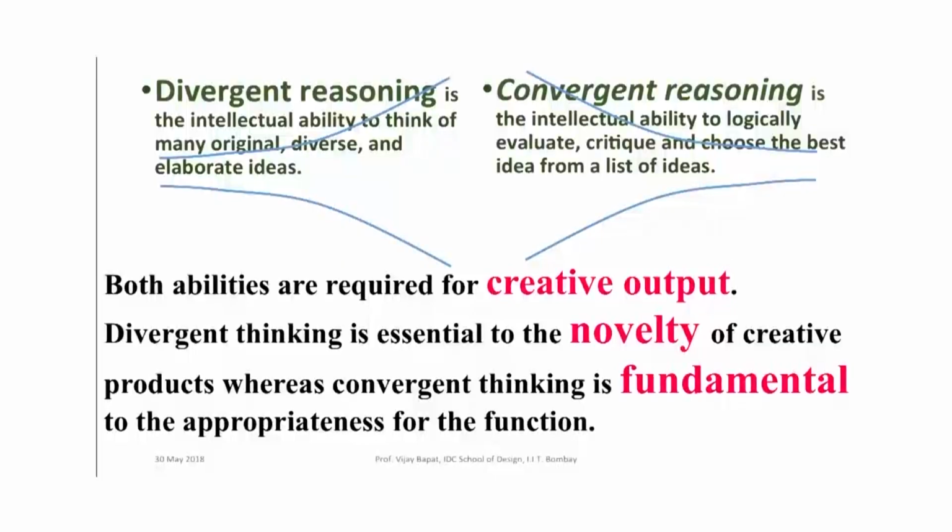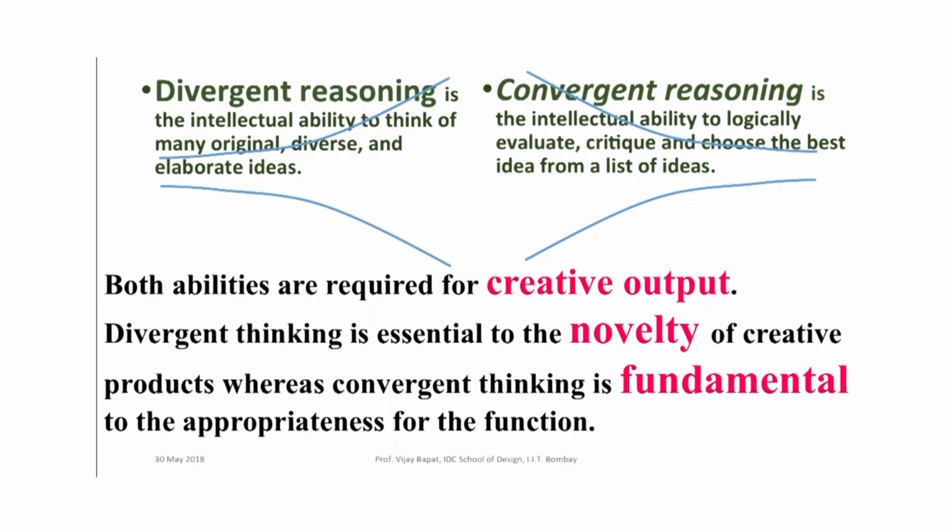In this process of thinking, there are two things: divergent thinking and convergent thinking. First is divergent: for a problem statement, I am creating multiple answers, multiple design solutions.